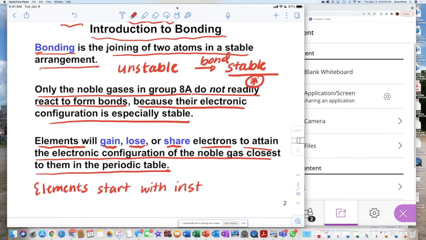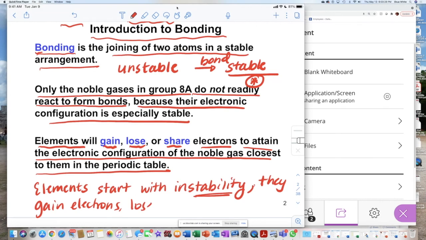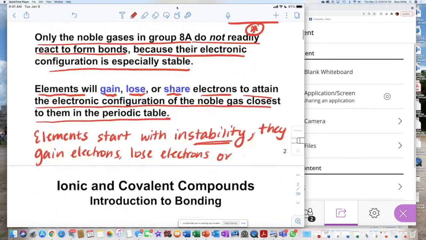So they're starting at a point where they're unstable. So they gain stability by, so they either gain electrons, lose electrons, or share electrons. Okay? And what was the ultimate goal of this? Once again, goal is stability.